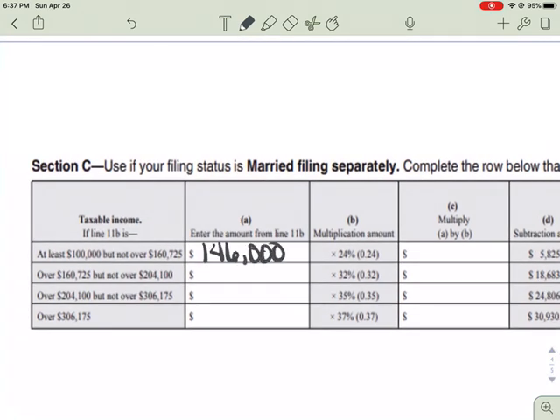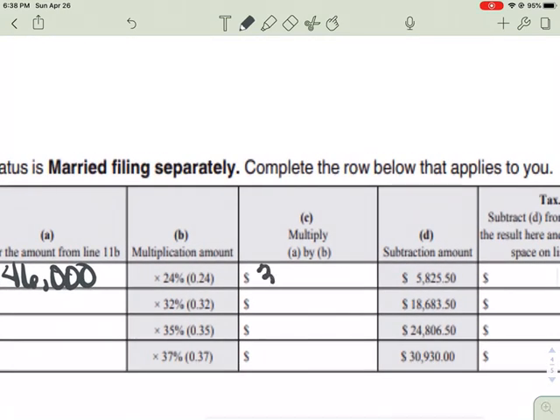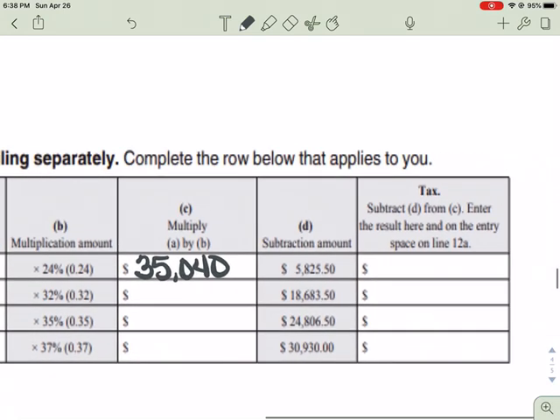So 146,000. I'm going to times that by 0.24, 24%. So that's $35,040. Okay, and then according to this, it says subtract $5,820.50.